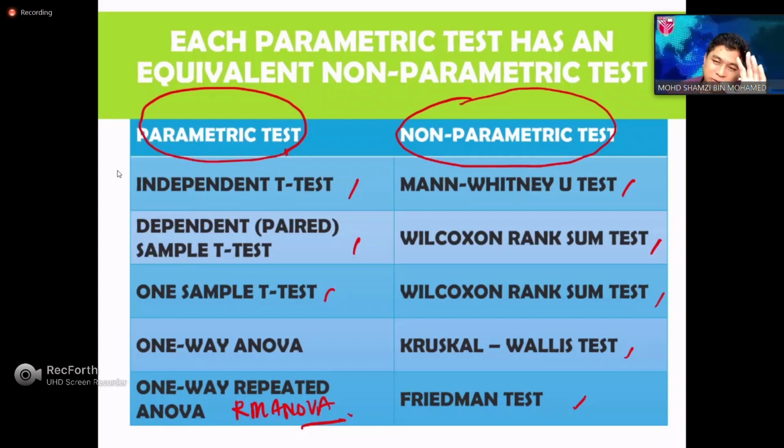Then you should know this one is non-parametric. And then what is the type of data, nominal or ordinal? You need to match the type of hypothesis test with the problem statement.